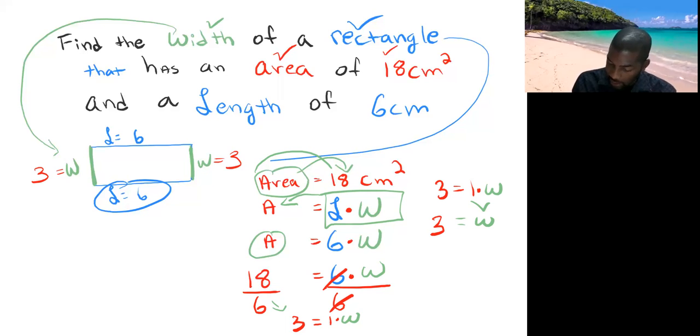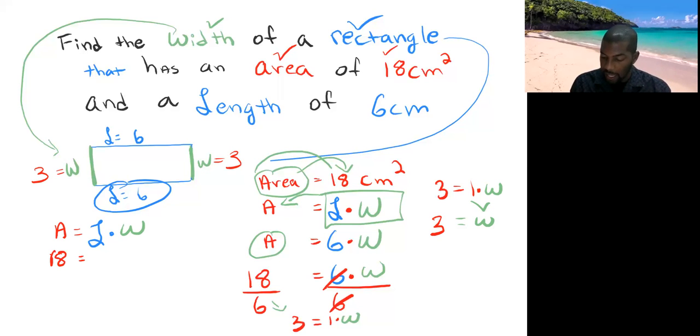Well, let's try it. If I know that the area of a rectangle is length times width, and I also know that according to this problem, this area is 18, and I know for a fact that my length is 6 based on the diagram, and now I'm testing to see whether or not the width is 3, so I put in the 3 for the width.